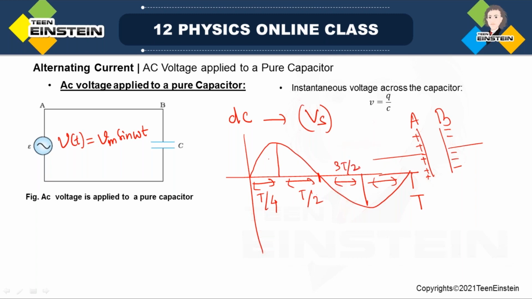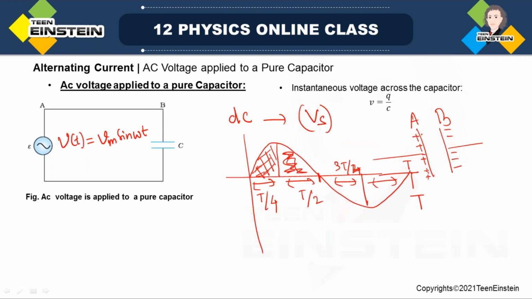This is T, so this part will be T by 4, this will be T by 2, this will be 3T by 4, and this will be T. So you can break it into four quarters. Look, this is a part of this positive half cycle.